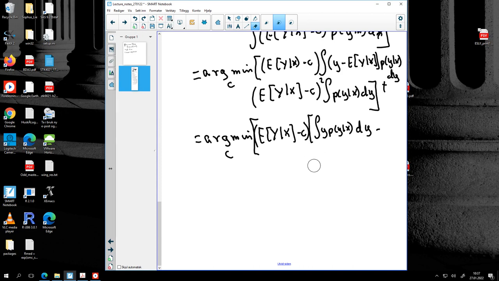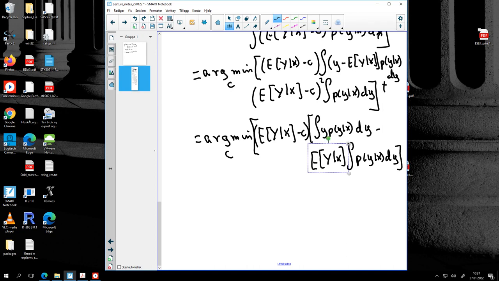Now this expectation of y given x is again just a constant which you can put outside the integral. So we have the integral of p of y given x dy.